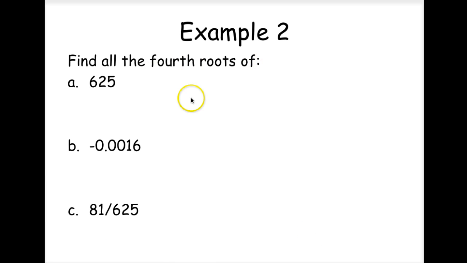Find all the fourth roots. Okay, so when we have an even root, it will make a difference in whether or not this has an answer. Let's start here. Do you know what the fourth root of 625 is? How about in your calculator, you go 625 to the power, open parentheses, 1 divided by 4, close parentheses.